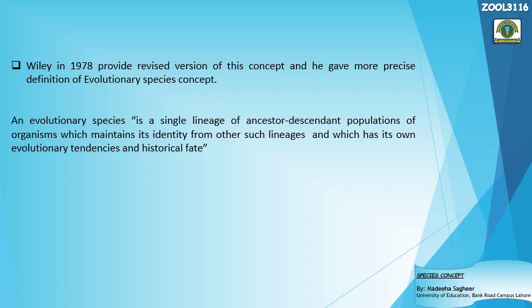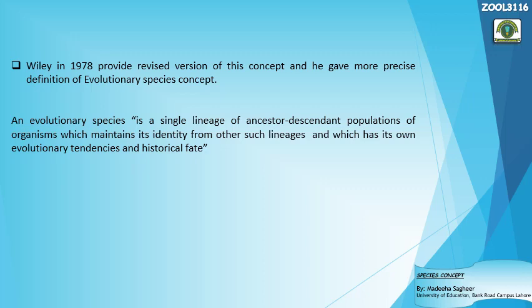So according to Wiley, what is the evolutionary species? It represents a single lineage of ancestor and descendant. Lineage means a single series of ancestors and then their descendants. Organisms belonging to the same single series from ancestors to descendants are grouped into the same species. And this single lineage maintains its identity and is different from other such lineages.